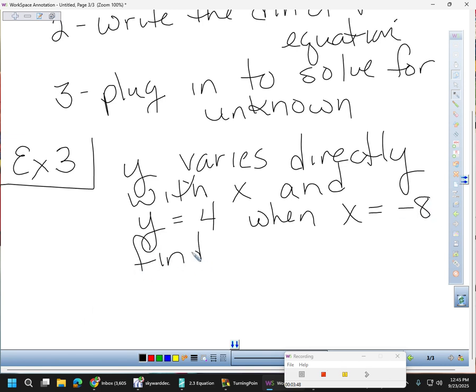Find y when x equals 12. Start off with an easy one.